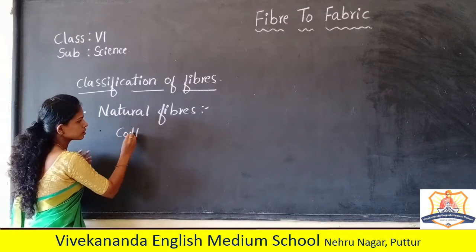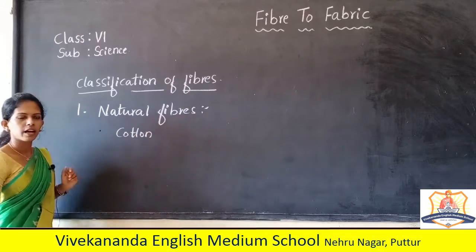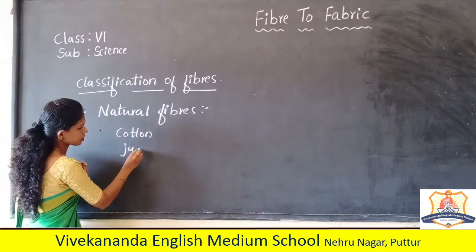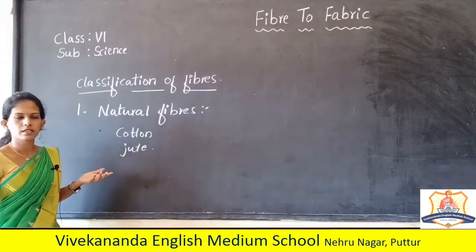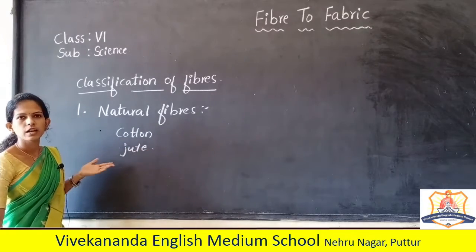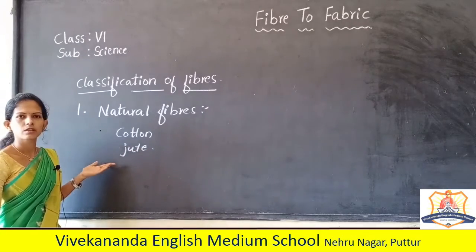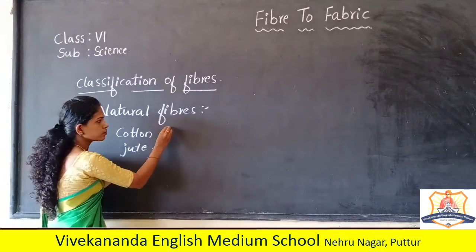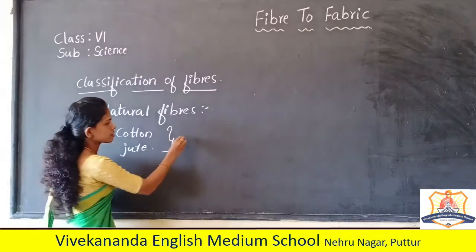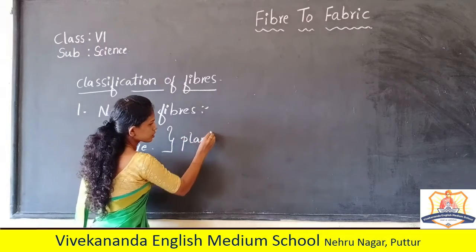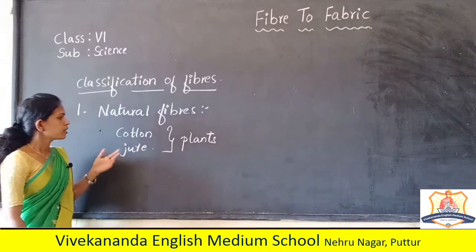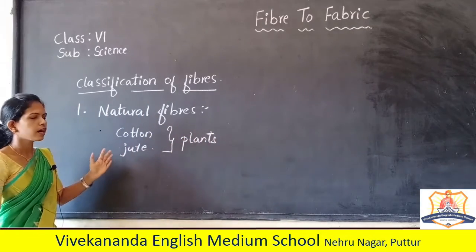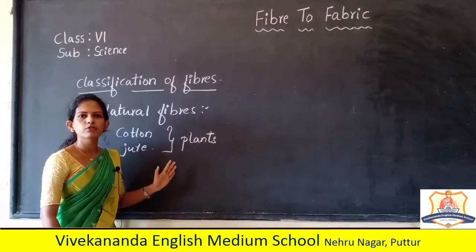Cotton and jute. First let us see cotton and jute. These two fibers we get from plants. Cotton and jute are the fibers obtained from plants.